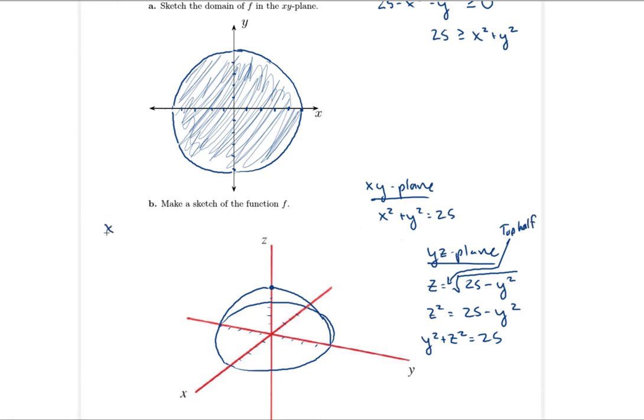And then, not surprisingly, in the xz plane, we get the same thing. So z equals square root of 25 minus x squared, which is z squared equals 25 minus x squared. Okay, so then we also can connect things up here and back there.